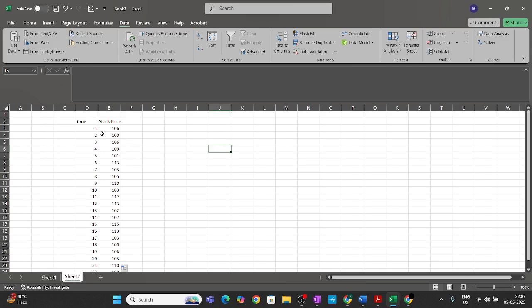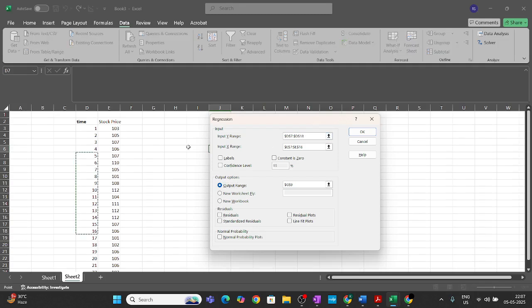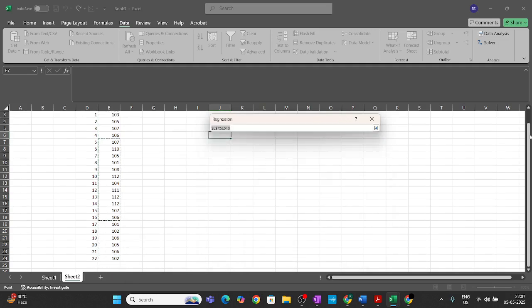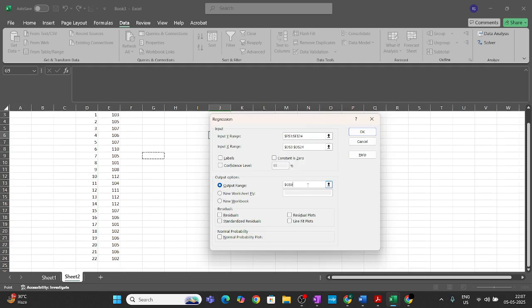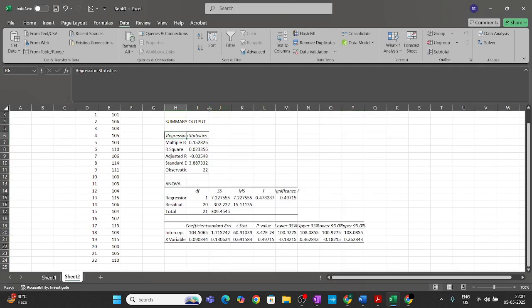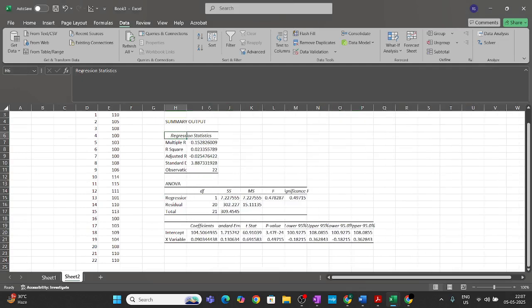So what we do is basically we run a regression: data analysis, regression. Y range is going to be the stock price, and x range is going to be time, right? You're going to run a regression on this, output यहाँ कर, right?